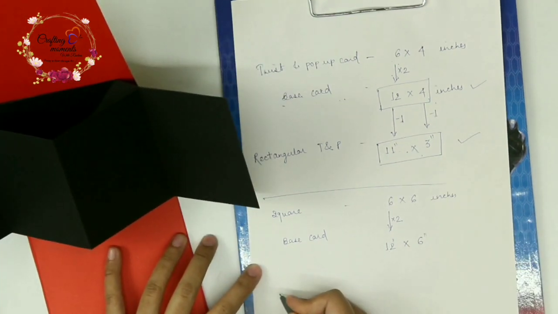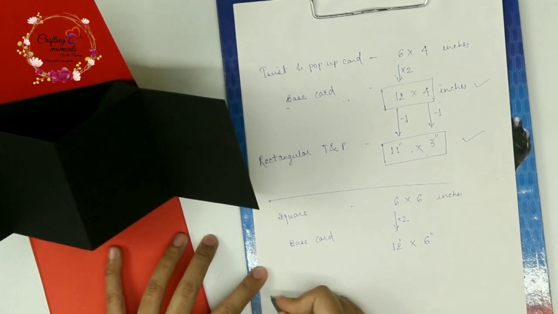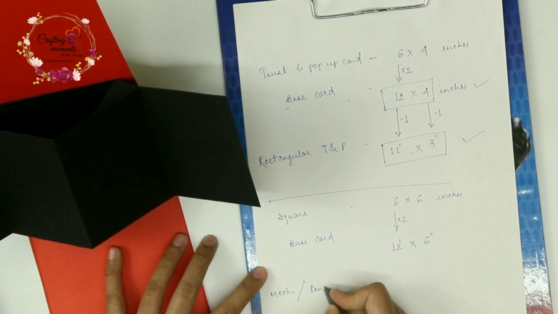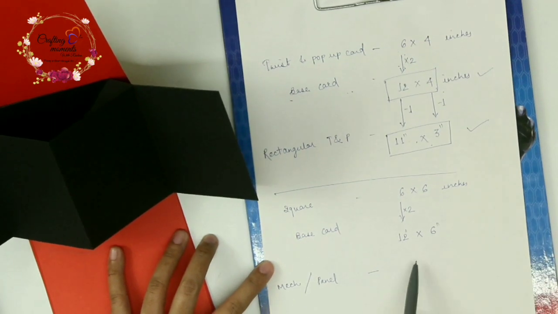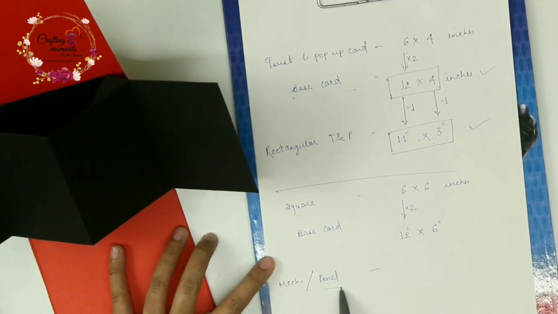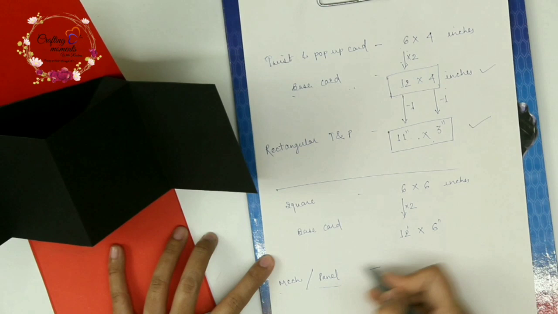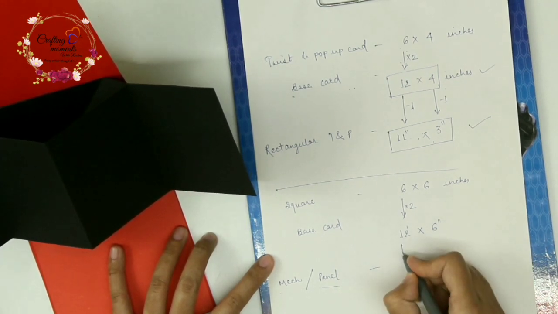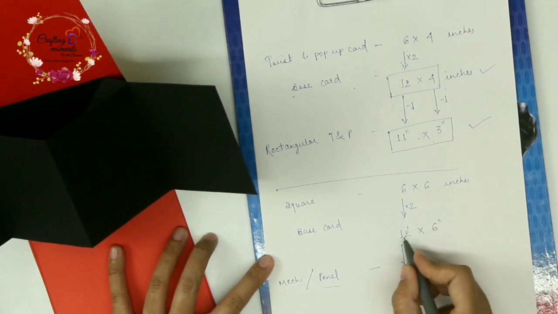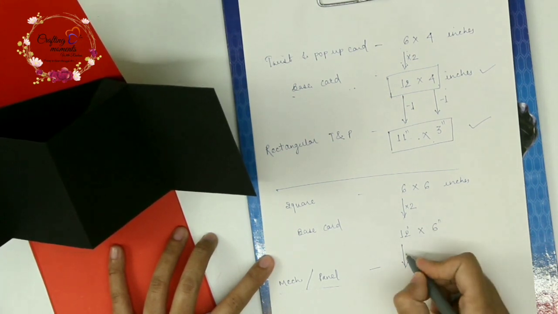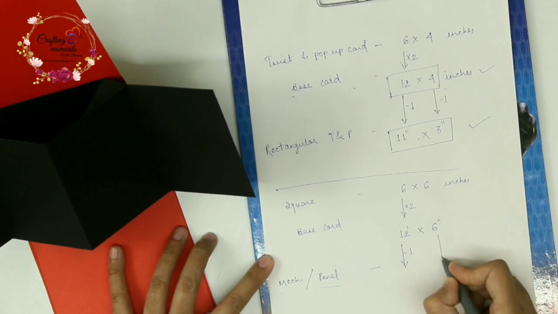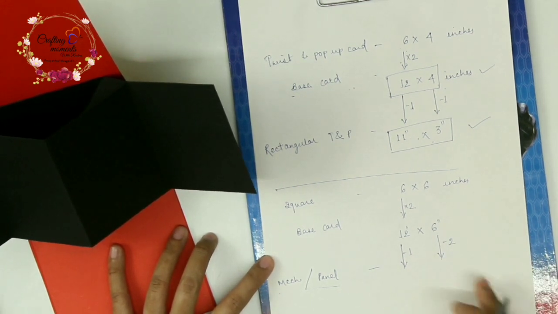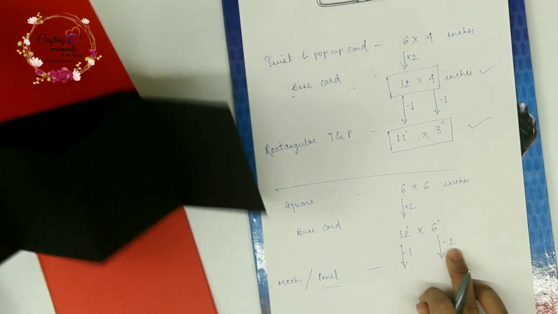Now for both the mechanism and the panel card, as I have told you, both these parts will need the same measurement, so only a single measurement will come here. On the length we need to do the same operation as minus 1 only, but from the width we need to subtract 2 just to maintain the length to width ratio.